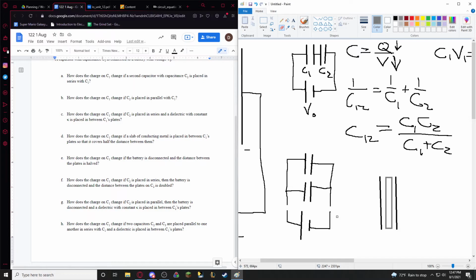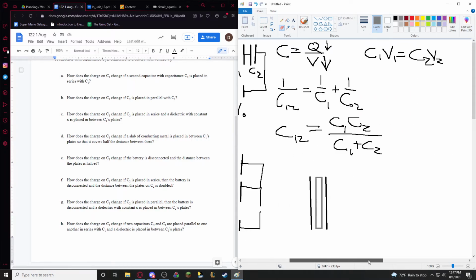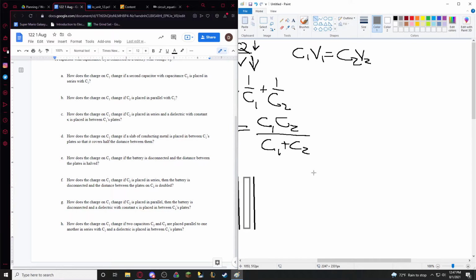So now, what's going to change? How's the charge of C1 going to change if two capacitors are placed parallel to one another, in series with C1? So let me visualize this. Initially, we have C1, and then we have our battery down here, and then we have the connection around.